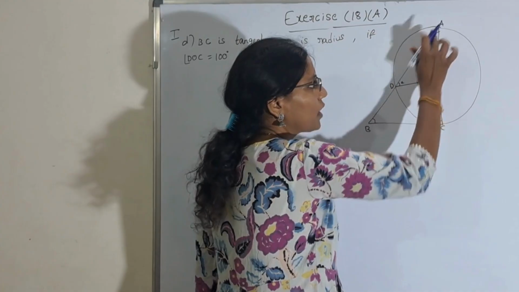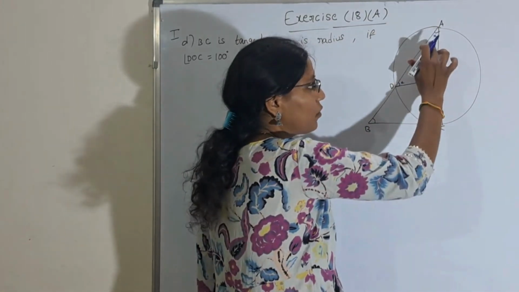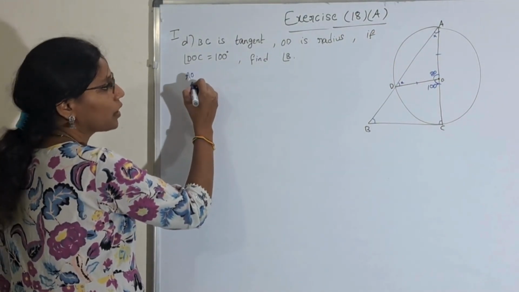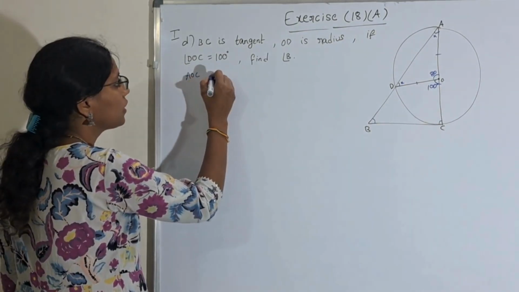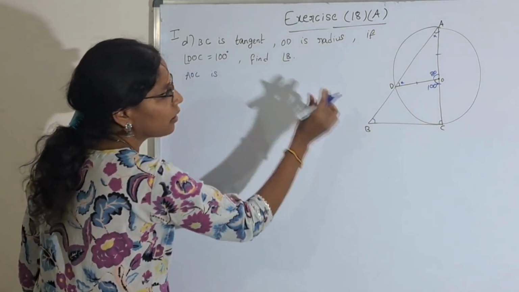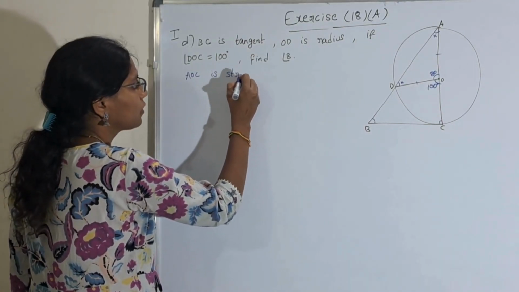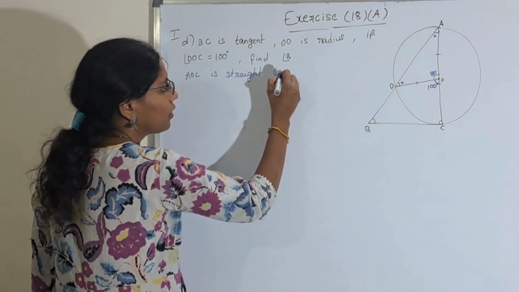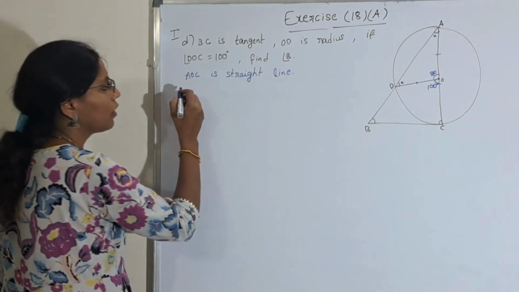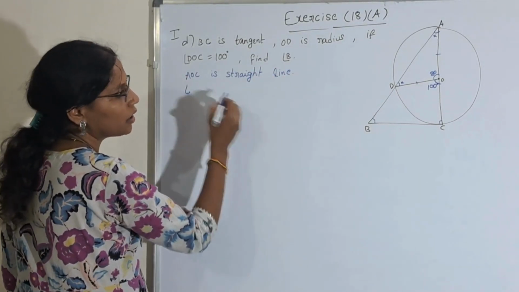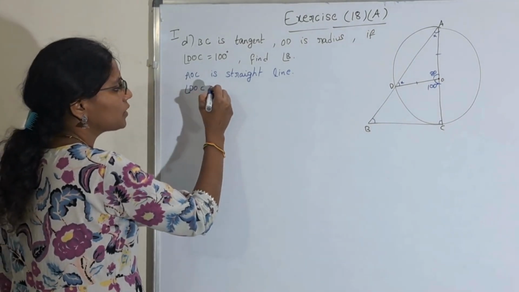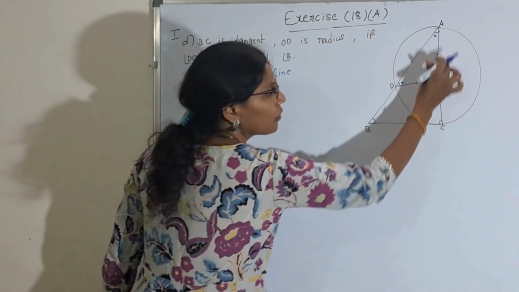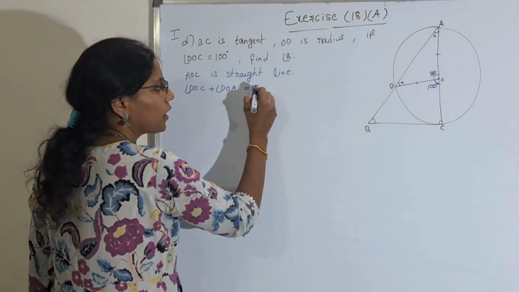Here DOA triangle we have to take and find out angle x. AOC is a straight line or diameter. Straight line: angle DOC plus angle DOA is equal to 180 degrees.